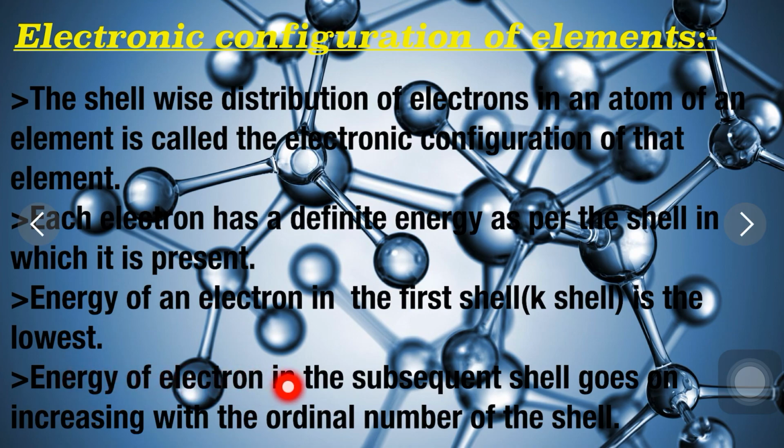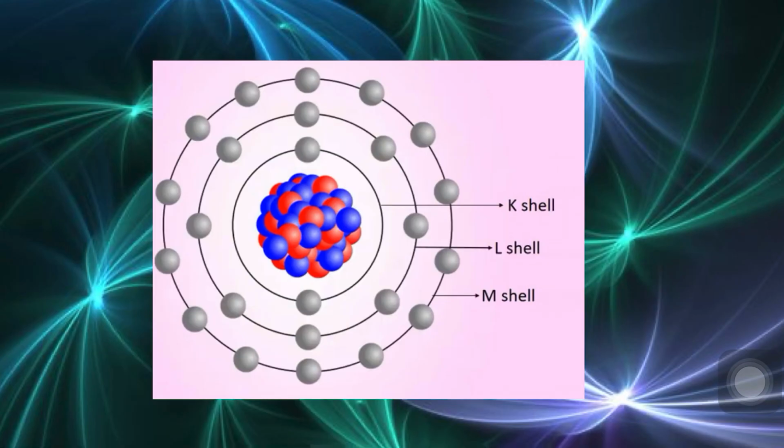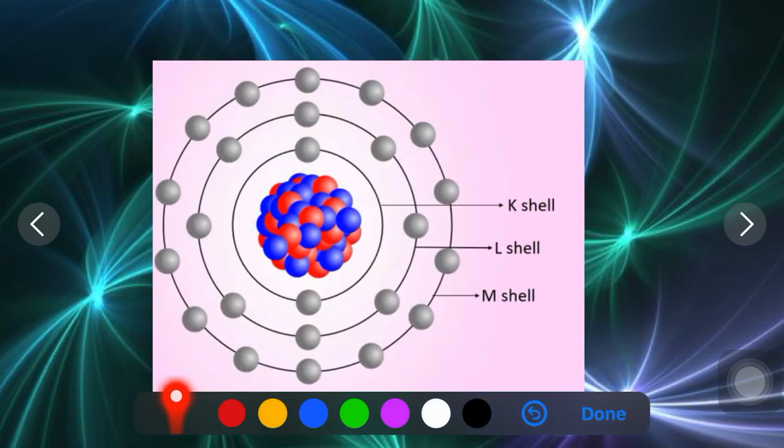The energy of electrons in subsequent shells goes on increasing with the ordinal number of the shell. The electronic configuration of an element is such that the energy of all the electrons together is the minimum possible. Electrons get a place in the shells in accordance with the maximum capacity of the shell and the increasing order of energy.